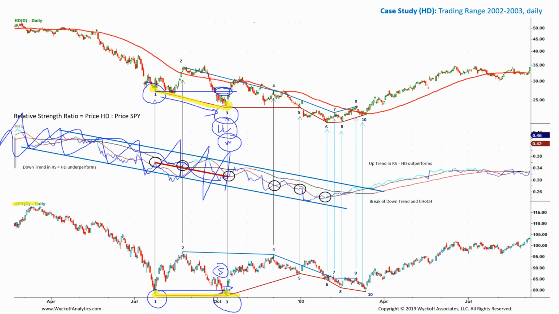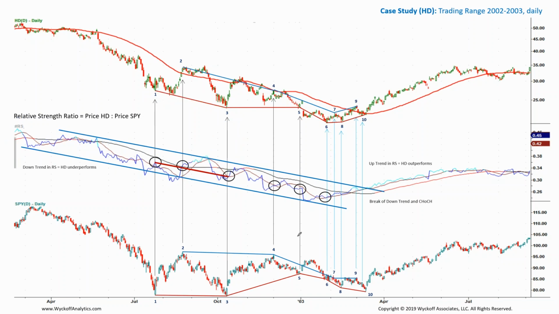And look what happens next. If we would be thinking about the next rally, the market is outperforming on the next rally. It has one move up, second attempt, third attempt. The stock has one move up, and then the second attempt creates a lower high, and the next attempt creates a lower high again, and then it starts to underperform into 5.